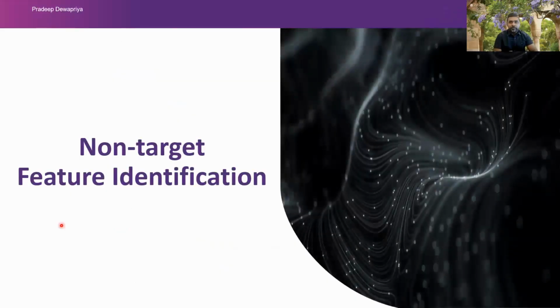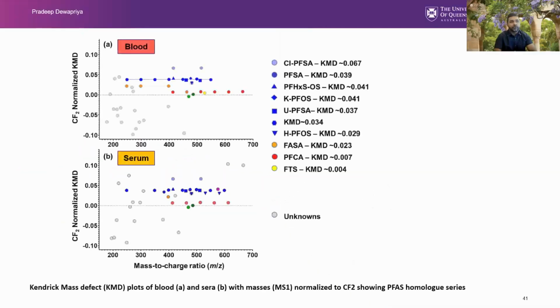The rest of the features were analyzed with non-target feature identification because those features did not give us any library match or suspect match. So this is a KMD plot prepared from the 64 prioritized features.